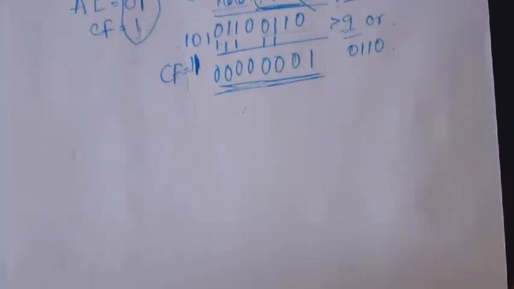Okay, so suppose let us write a small program to add a word, that means 2 bytes of data. Two words are added, and you want to adjust the result to its equivalent decimal result.